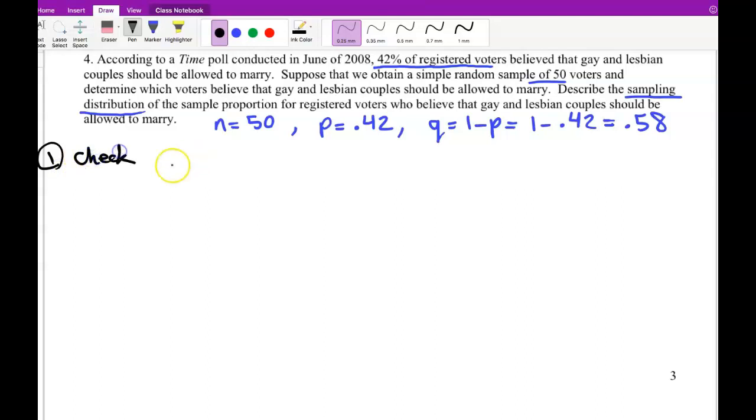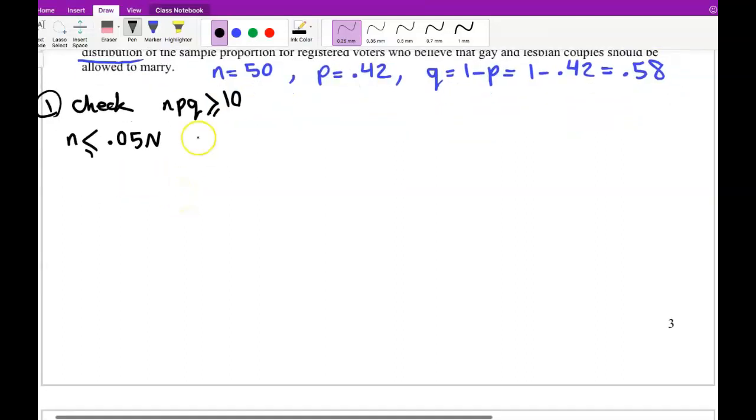Okay, so first we should check n times p times q greater than or equal to 10, and also that the sample size is less than or equal to 5% of the population. First that one. We have n times p times q, which should be greater than or equal to 10.